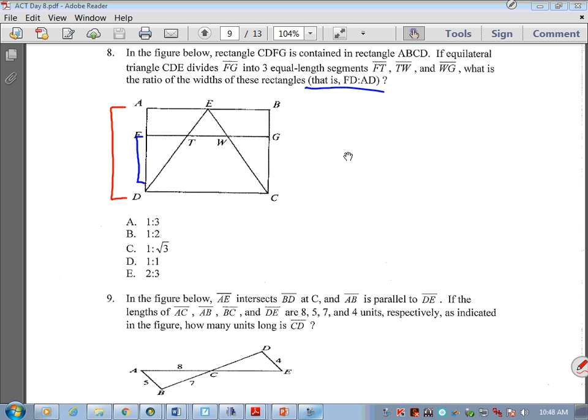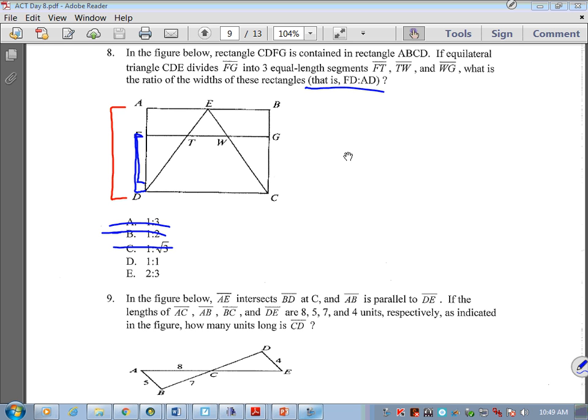So let's think about these things. I'm going to make that a little bit bigger. All right. Is FD 1/3 of AD in length? No, it's over half, right? So we know it's greater than 1/3. In fact, here we can see on B that it's not going to be B either, right? Radical 3, I think, is 1.7, so that's less than 1/2. We know it's not less than half of AD.